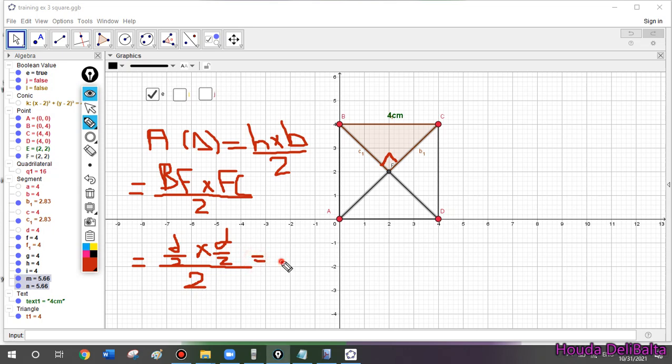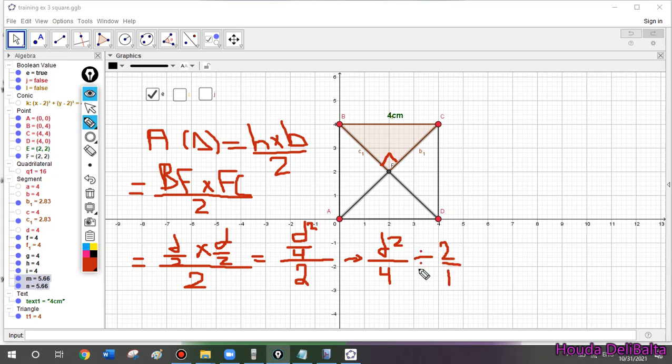Now, according to multiplication of fractions, I multiply the numerators together. D times D gives D squared, and 2 times 2 gives 4, and all of that is over 2. That's like writing D squared over 4 divided by 2 over 1.